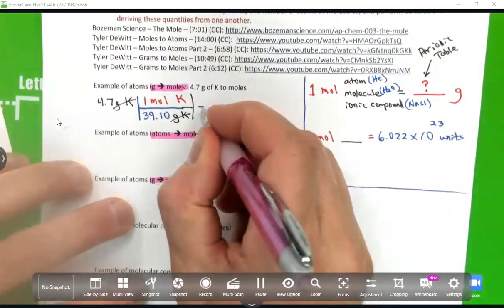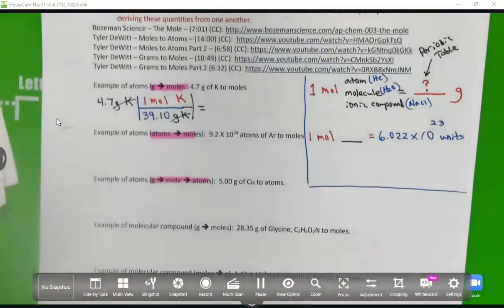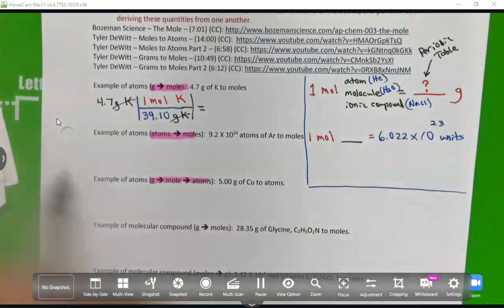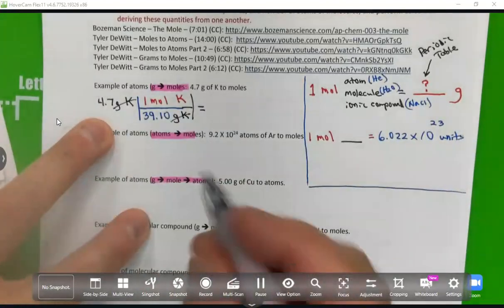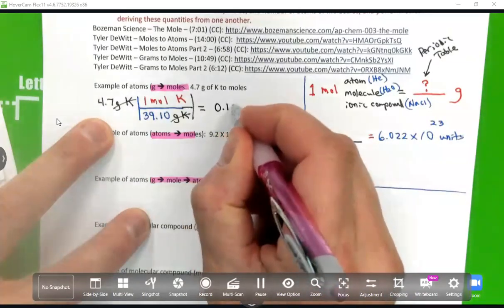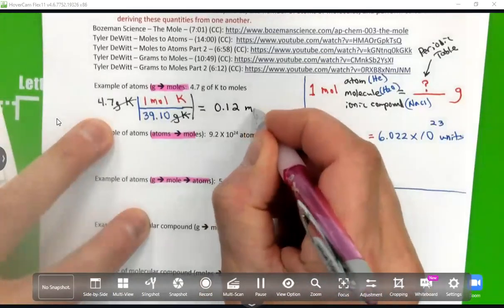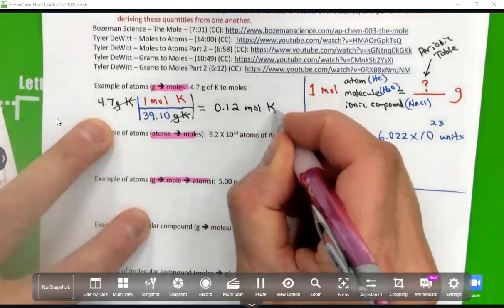Grams cancel out, and I'm going to get more, right? So if I divide that out, and if I do it to 2 sig figs, because I'm starting with 2 sig figs, I would get 0.12 mole of potassium.